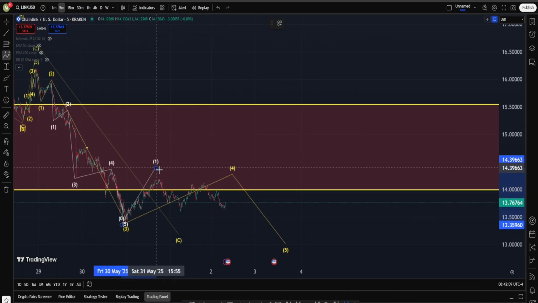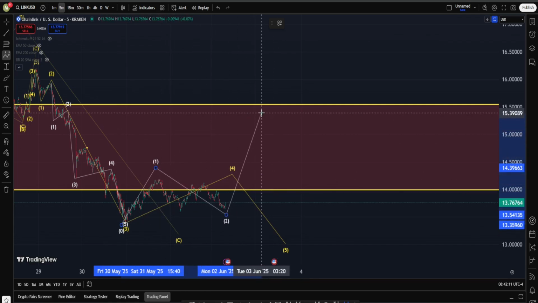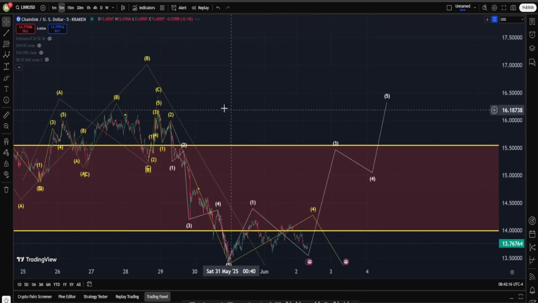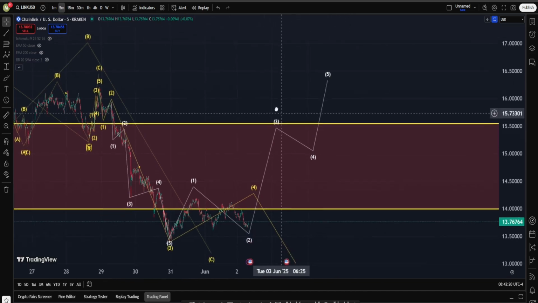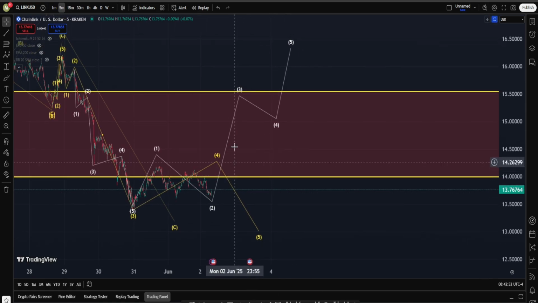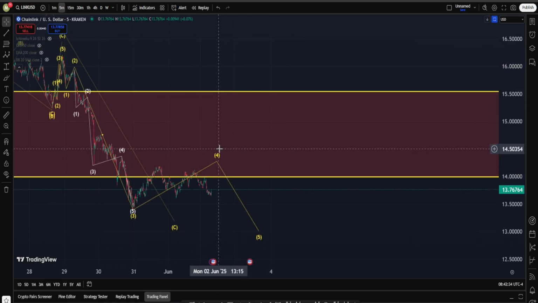In that case, I want to see a wave 1, 2, and then a big move up into wave 3 and 4 and 5 in order to especially take this important high about $16. If I see something like this, fair enough. At that point, I am going to change my tone a bit on Chainlink. But as long as I'm not proven otherwise, I'm going to say, you know what, probably the final low is not in yet, and we may have some more downward price action to go in the short term.